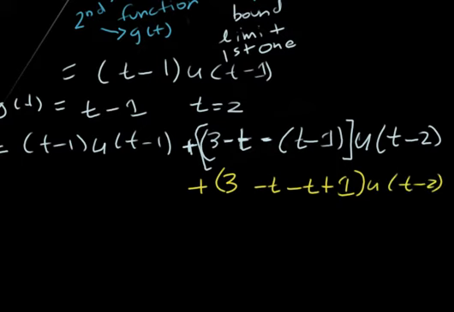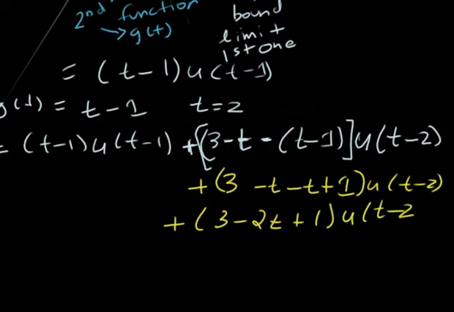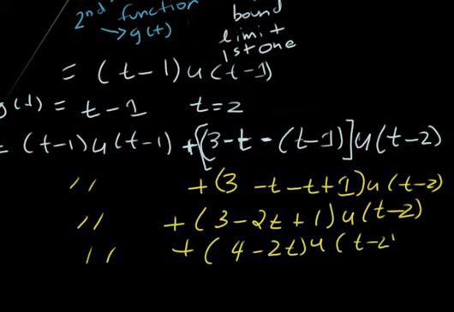So now this becomes 3 minus 2t plus 1, u of t minus 2, and we keep all of this. This is just carried down. I don't want to keep rewriting it again, because it's going to be too messy and take too long.